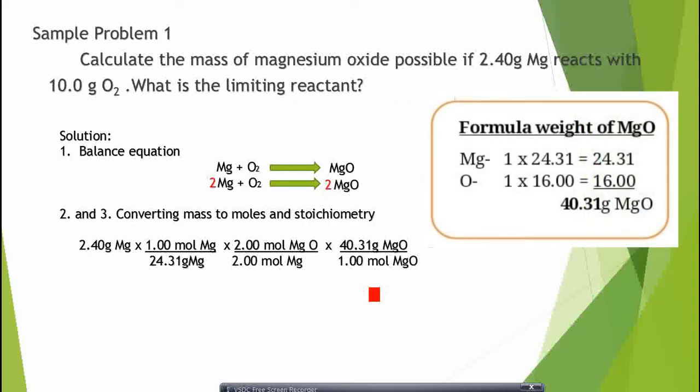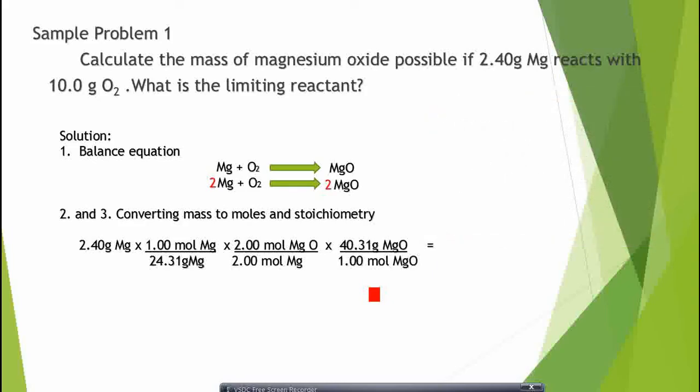Let's count the number of atoms. Magnesium and oxygen, 1 and 1. The atomic weight of magnesium is 24.31, while oxygen is 16. Add these, 40.31. Let's cancel the unnecessary units to remain with the unit desired.